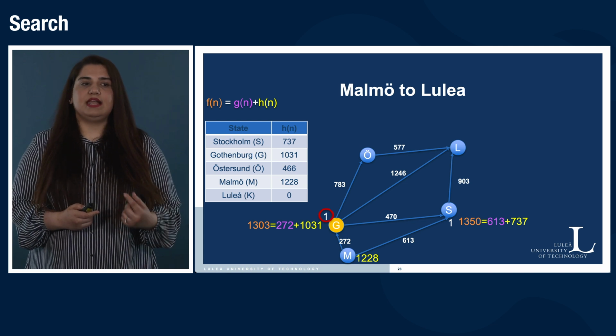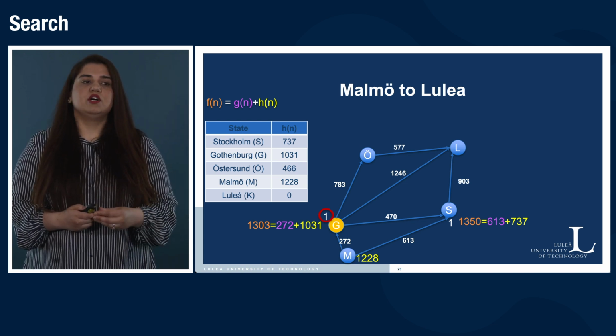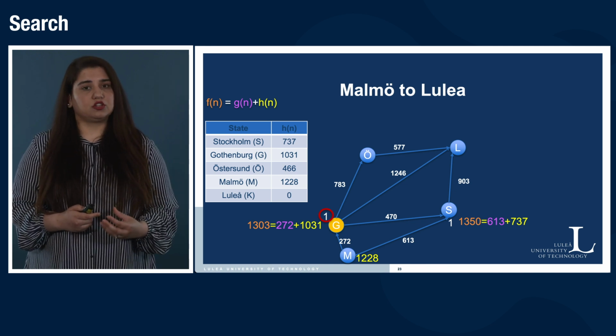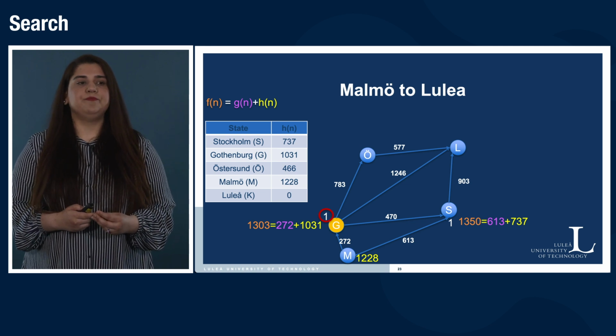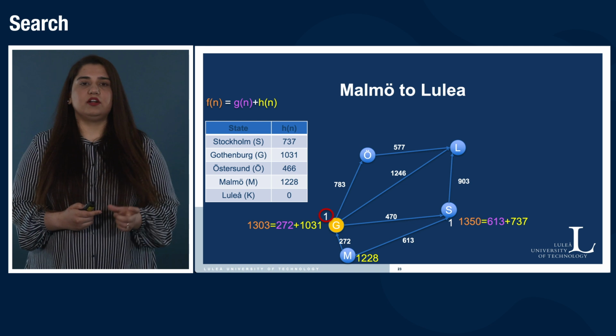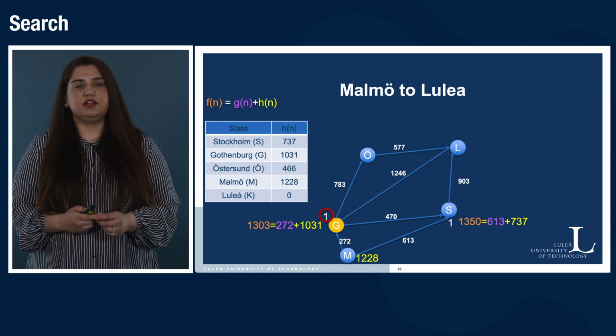1350. Likewise, if we try to move to Gothenburg from Malmö, we will add 272, the edge cost, the path cost, and we will also add 1031, the heuristic cost from the table, and our total cost to cover this path will be 1303.